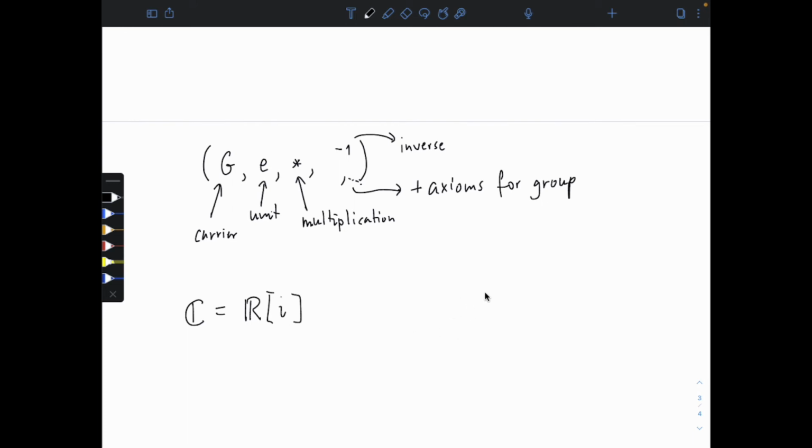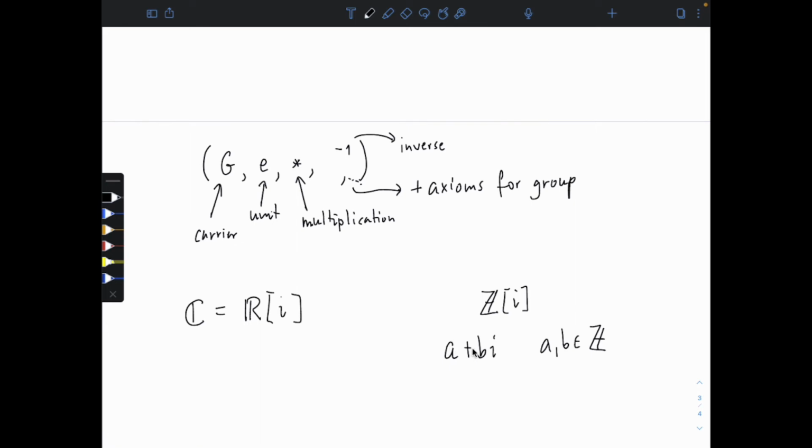The Gaussian integers you get if you take the integers and you add the unit. So they will have the form a plus bi, where a and b are integers. So that's what the Gaussian integers are, and I'm pretty sure somebody told you about them in algebra, but just in case, let's review this. So you compute with them just like with complex numbers, except that both components are integers.